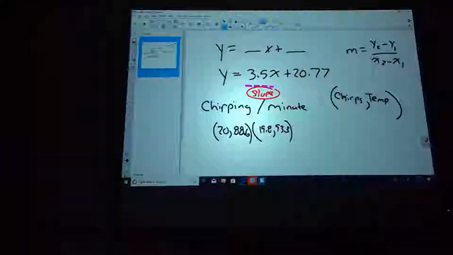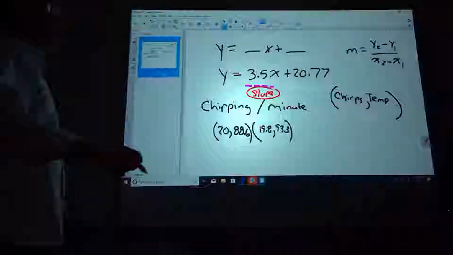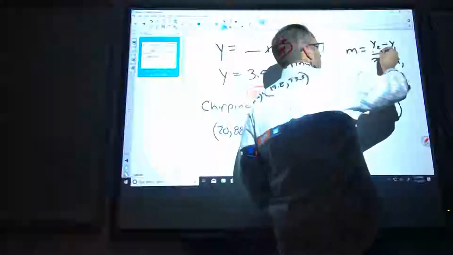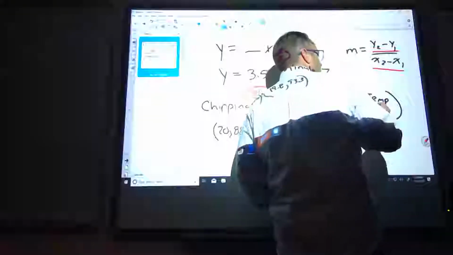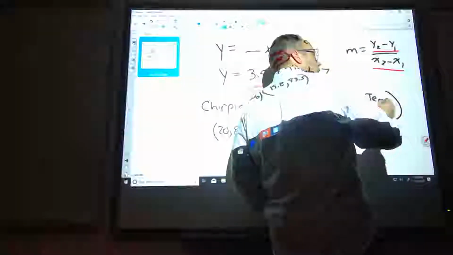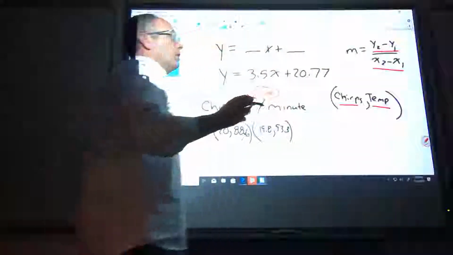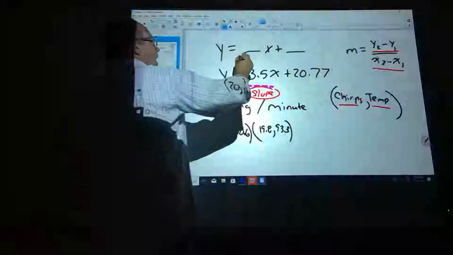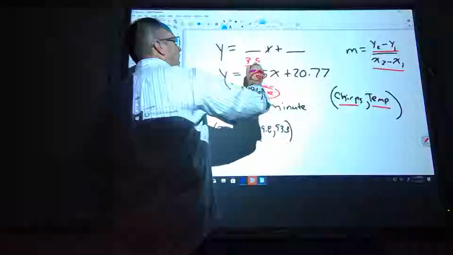3.5 over 1. You're absolutely right. What does 3.5 over 1 mean in the context of this problem? There's 3.5 chirps per minute? No. Okay, so remember, slope is the y value over the x value.